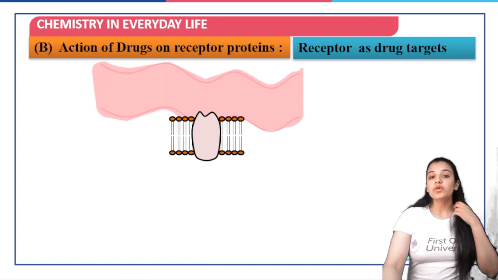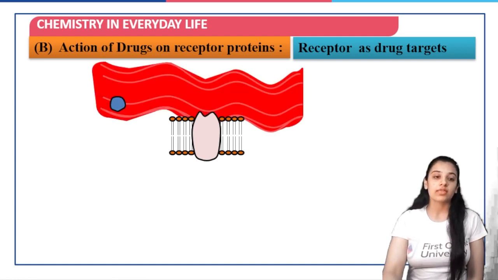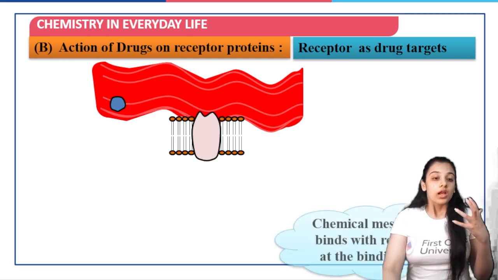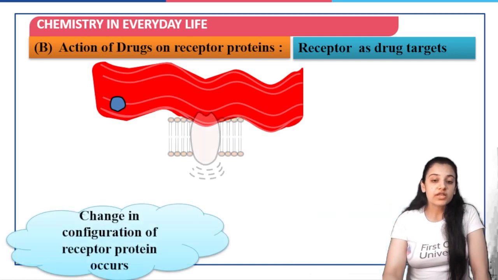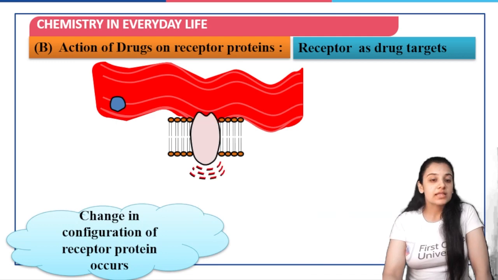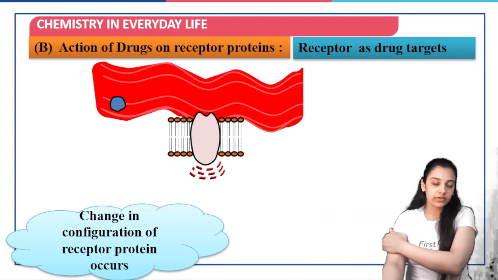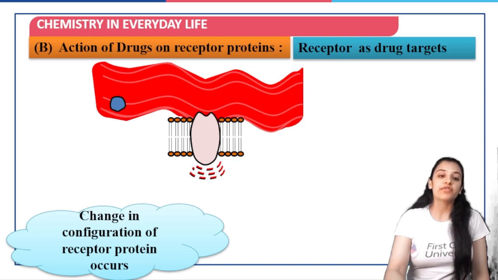If you look at the phospholipid layer, there are receptor proteins present, and this is supposedly insulin, the chemical messenger. It binds at the binding site of the receptor protein, whose active site is outside the surface of the cell membrane.